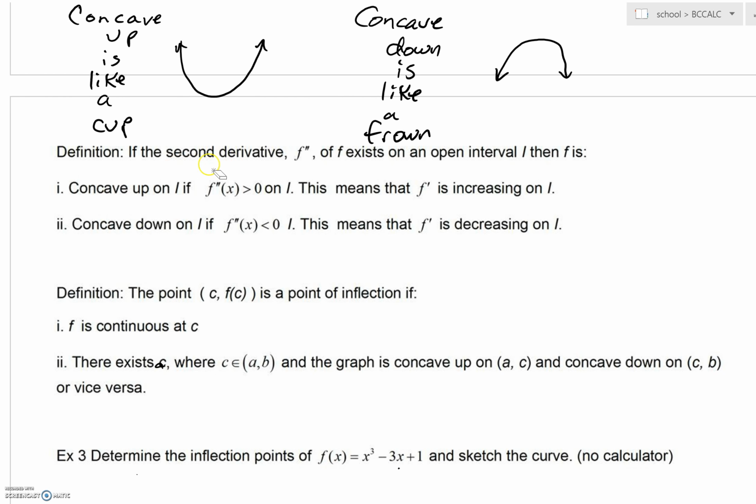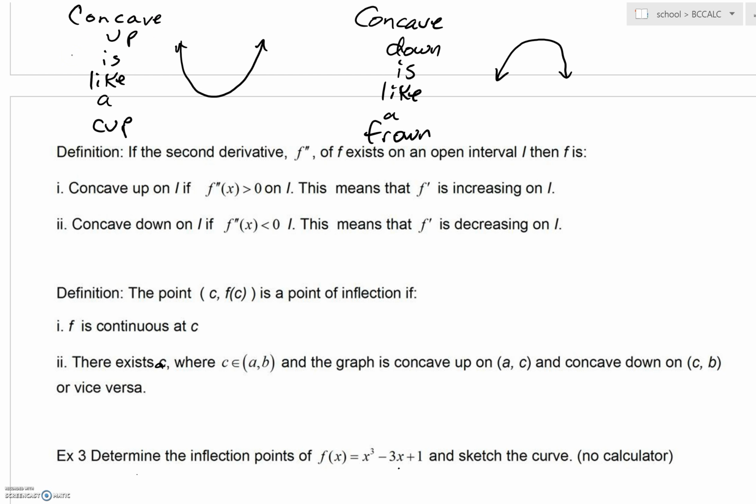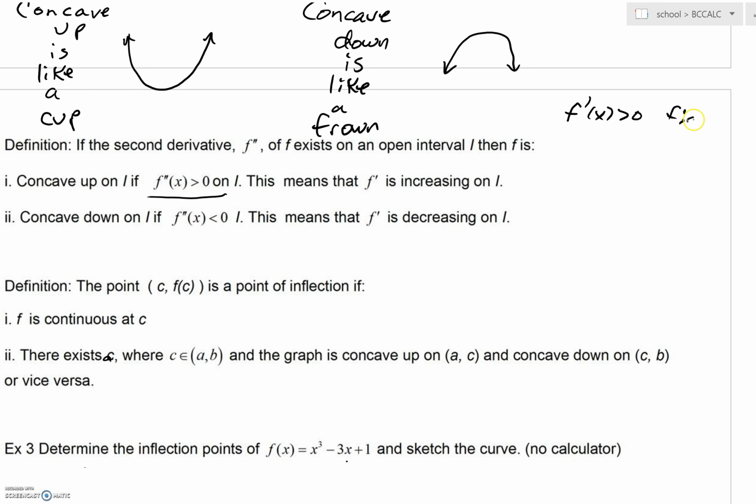The second derivative. So if the second derivative, f double prime, exists, your function f is concave up if f double prime is positive on that interval. It also means, by the way, that f prime is increasing. We said before, if f prime of x is greater than 0, then f is increasing.